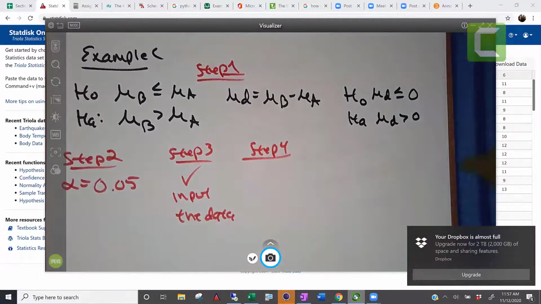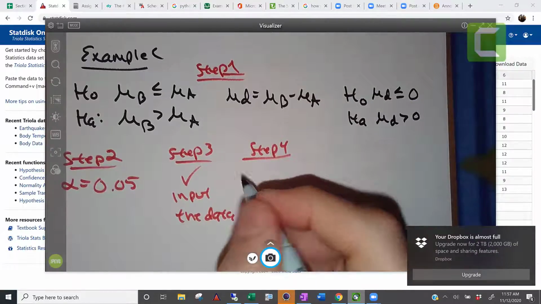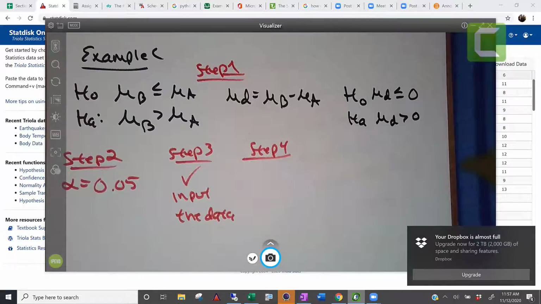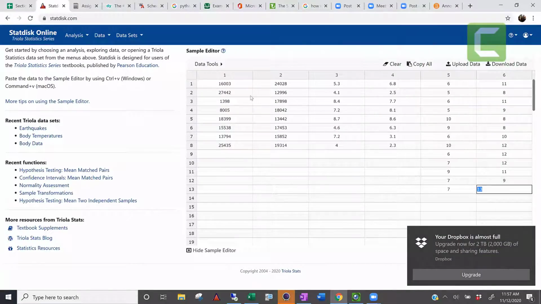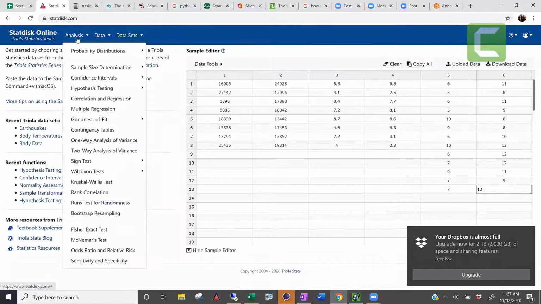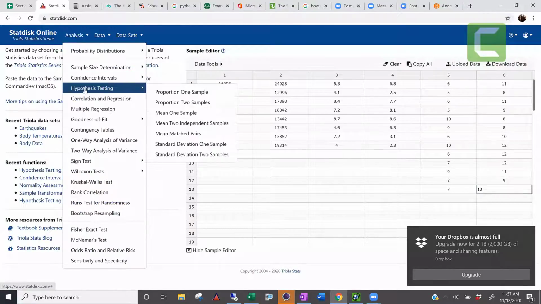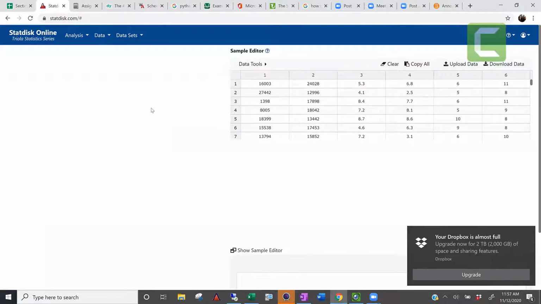Which brings me to step 4. What has to happen at step 4? You have to find a p-value. Yeah, I need to find the p-value. Thank you. So let's look back here. I don't think I've run my test yet. Analysis, hypothesis testing, mean matched pairs.